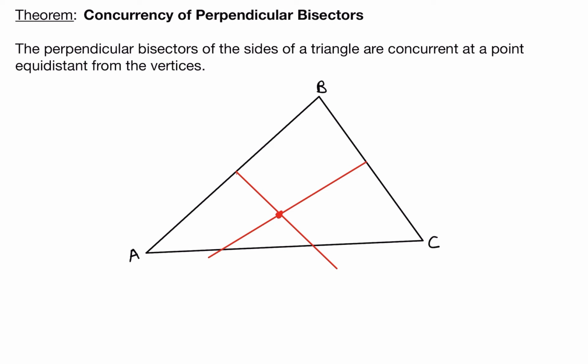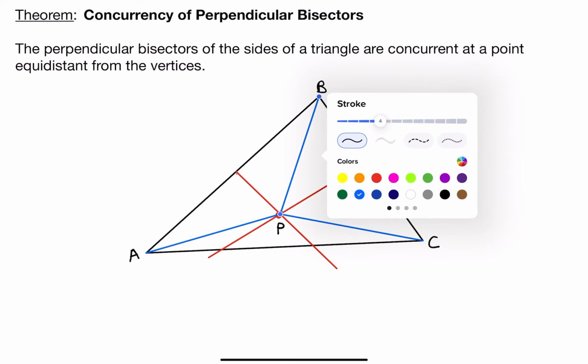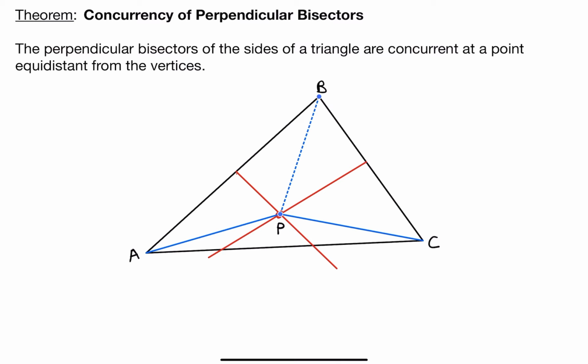So let me go ahead and just draw that out in blue. So this distance here, and this distance here, and this distance here, they're all the same. So let me label this point of intersection as P, and I'm going to make this dotted so that we differentiate it from the sides of the triangle.